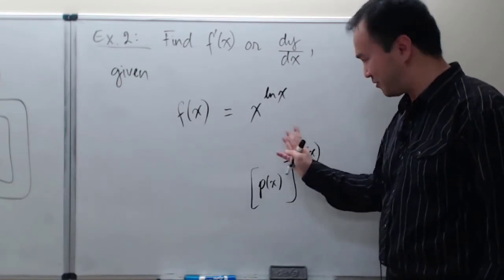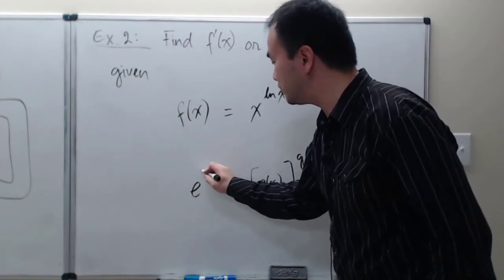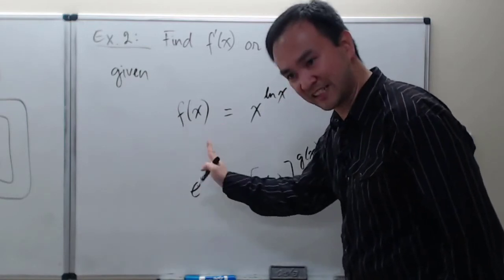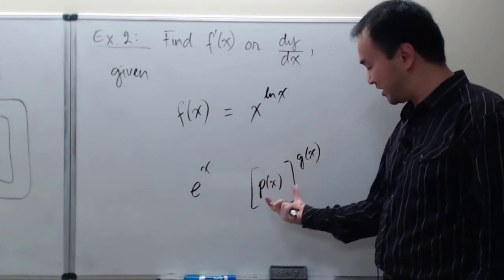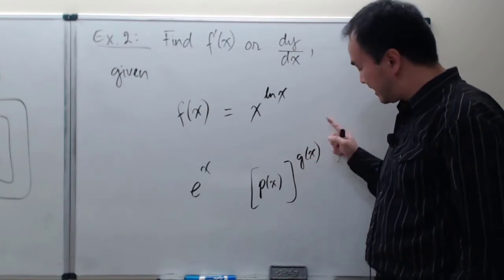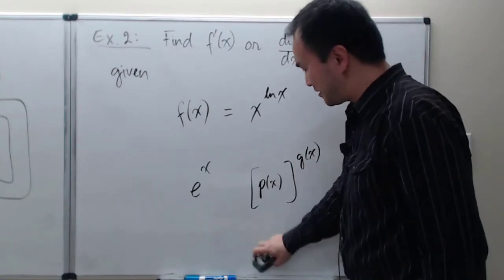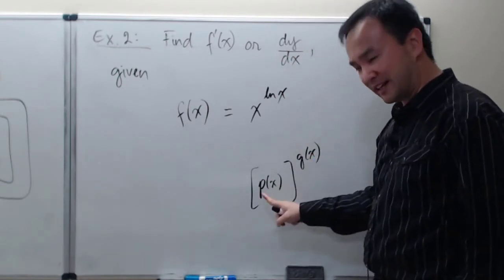It's not exponential, because exponential requires a constant base like e to the x. This thing is a function being raised to another function in the exponent part. So sadly, right now I forgot the name, but that's the form, and you will recognize it.